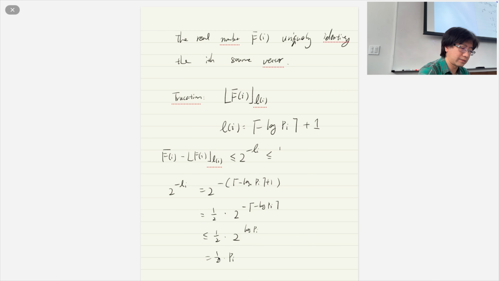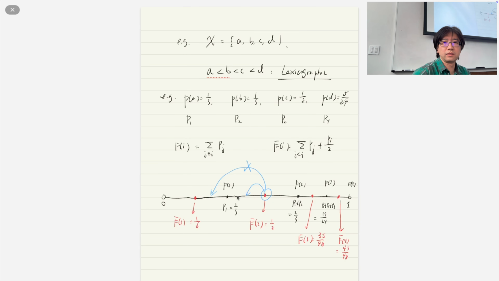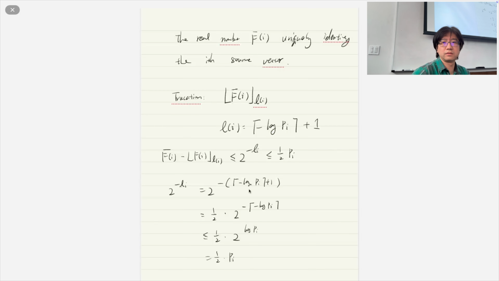So we know this is less than this guy. And this guy, what is this guy? Let's see the definition here. This guy is defined by this plus this. Therefore, the difference will be just equal to the difference between this guy and this guy, right?